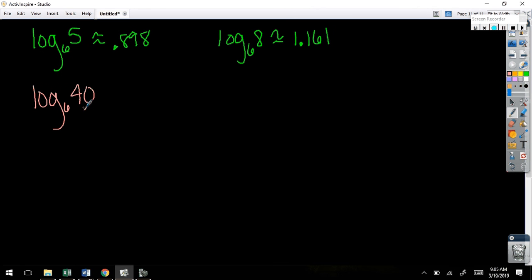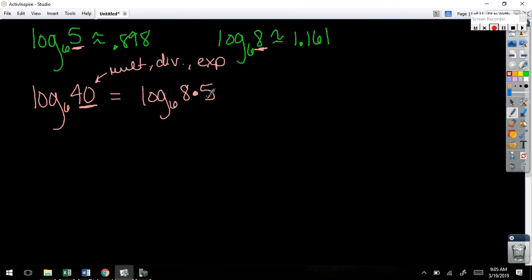So what I'm trying to do is rewrite this using multiplication, division, or exponents, because that's how I know I can expand with the numbers that are given, 8 and 5. So you're right. This would be log base 6 of 8 times 5. The reason I do this is because then I can expand that to be what? Log base 6 of 8 plus log base 6 of 5.